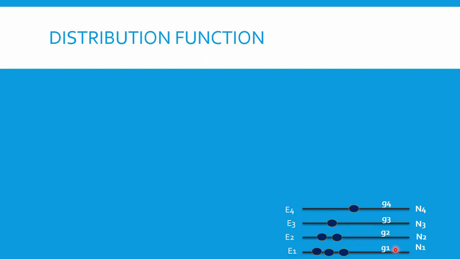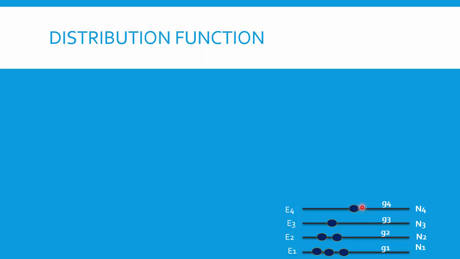But now if you give a temperature to these particles, I mean the particles are enclosed in a container, and the particles are distributed this way: 3 particles in energy level E1, 2 particles in E2, 1 particle each in E3 and E4.